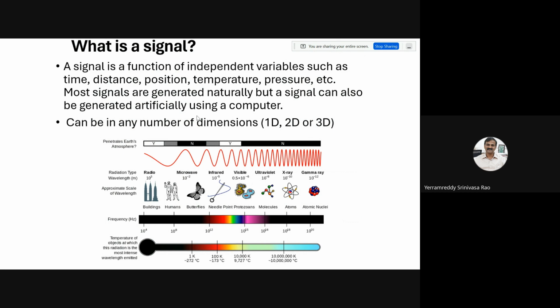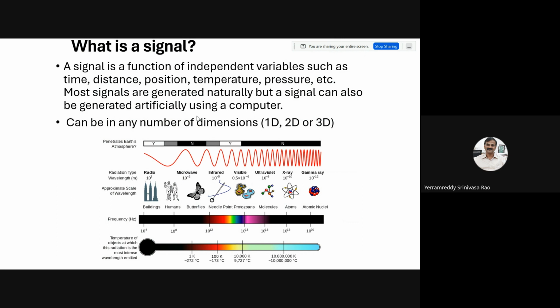Where are the signals coming from? What are the applications of these signals? And what is the range of the spectrum band? Which band is used for what purpose, and where? And what are the one-dimensional, two-dimensional, and three-dimensional signals?